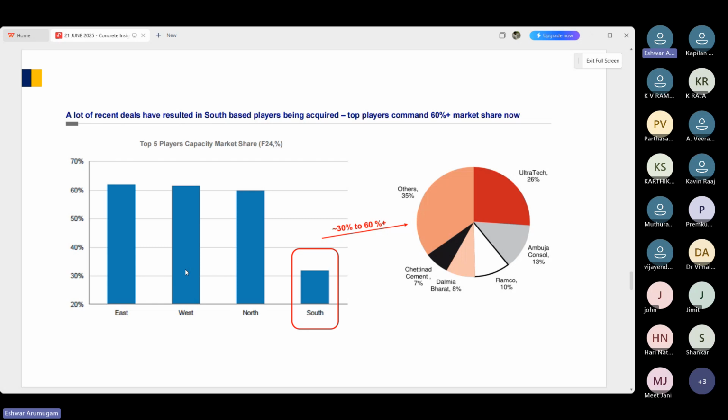Now the share of the top five players in the South Indian market is essentially 60%, so it has doubled in the past year. So this will lead to more stable pricing in the South Indian industry, which is very much required for this industry. Let's move on to the next slide.